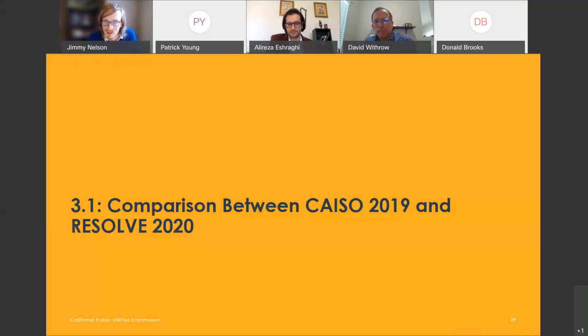Okay, let's move on. The main section of this analysis is going to be looking at differences between CAISO 2019 actual and Resolve 2020. Spoiler alert: because Resolve and SERVM did a pretty big calibration exercise last summer, the differences you see here are going to largely apply to SERVM as well.